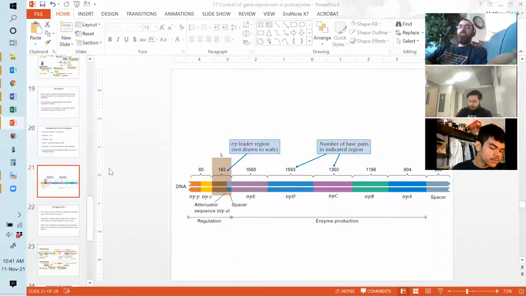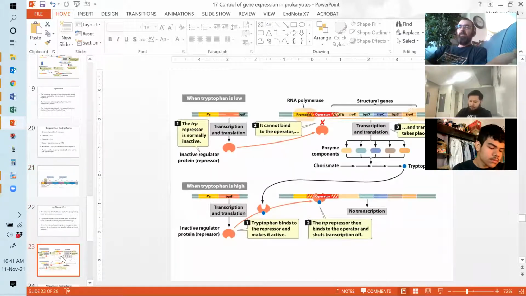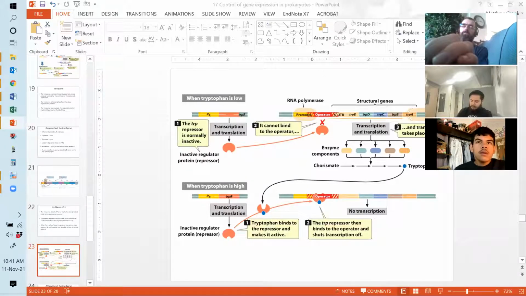And so the simple part is trpR, the on-off switch. So with no tryptophan, there is no trpR binding.